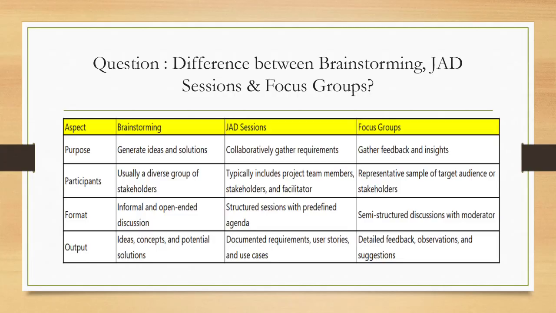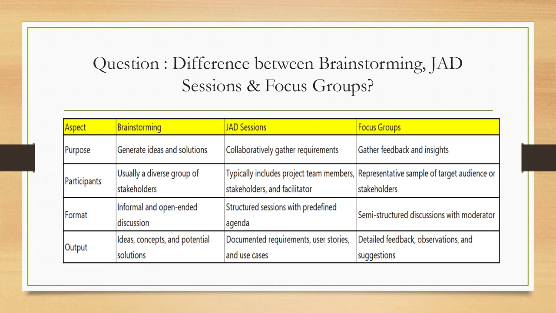Participants in brainstorming are usually a diverse group of stakeholders, typically including project team members, stakeholders, and facilitators. For focus groups, a representative sample of the target audience or stakeholders.